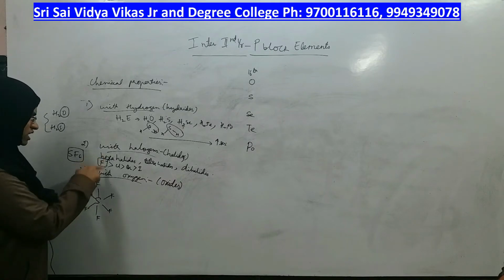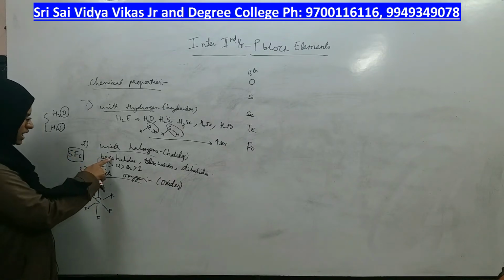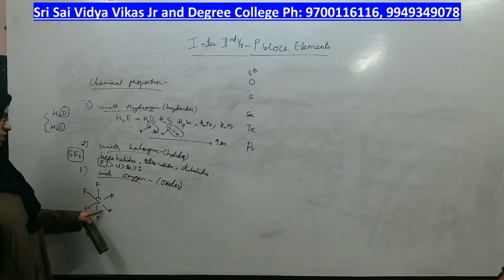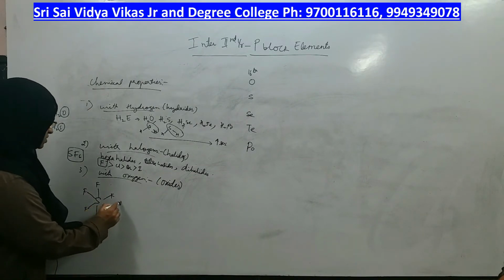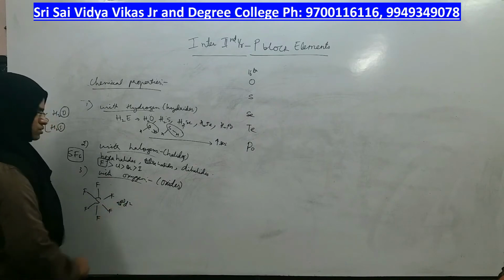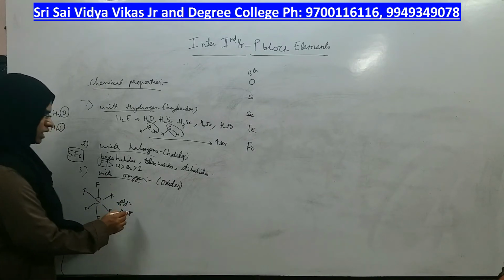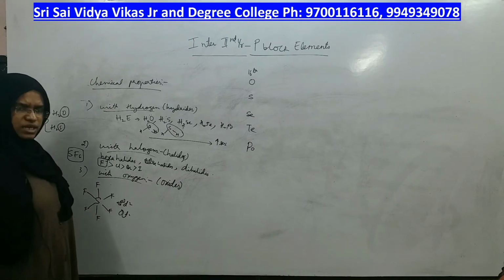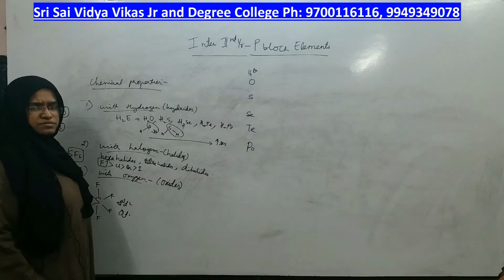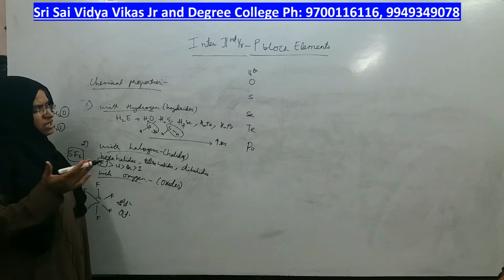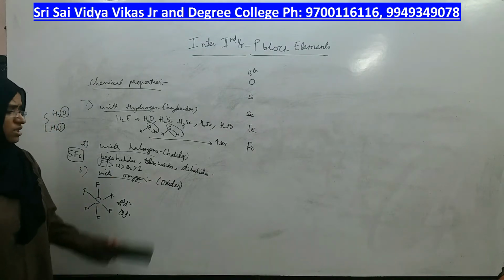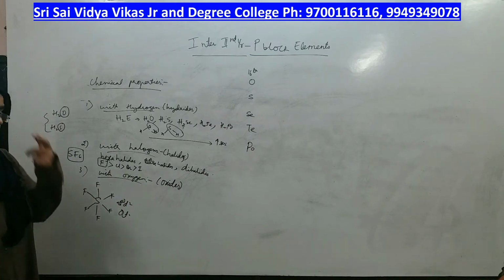One example for each halide you have to give. For hexahalide, SF6 you are giving. Its hybridization is sp3d2 and shape is octahedral. Shall we move towards the next halide now? What is the next halide? Tetrahalide. Tetrahalide means SeF4, and all the chloride, fluoride, bromide, iodide. Same goes for tetrahalide also.